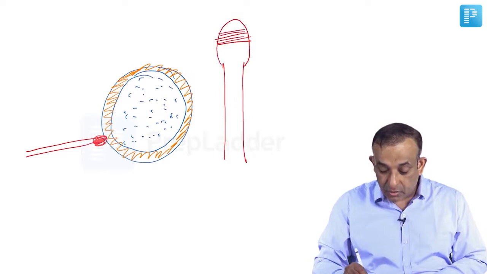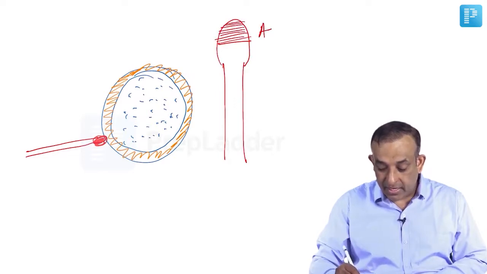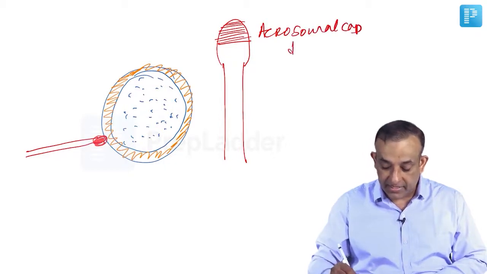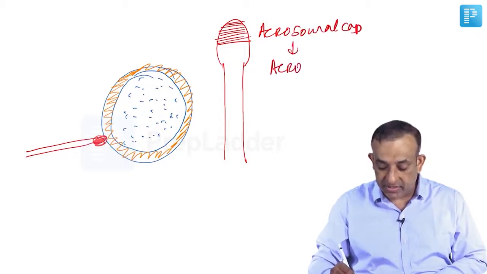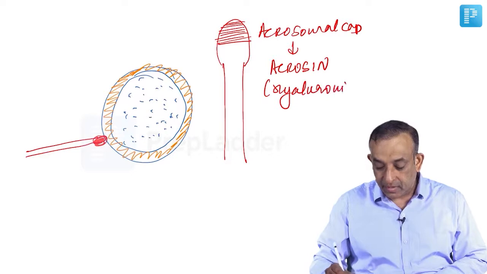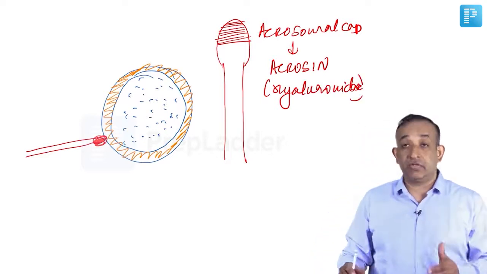The acrosomal cap, this cap should rupture and release acrosin, and that is a hyaluronidase. It's a hyaluronidase kind of enzyme, this acrosin.